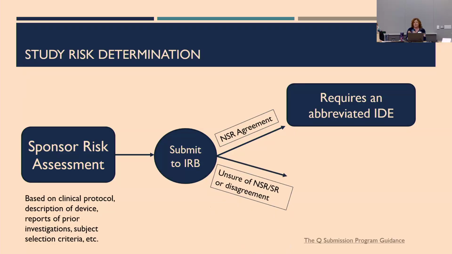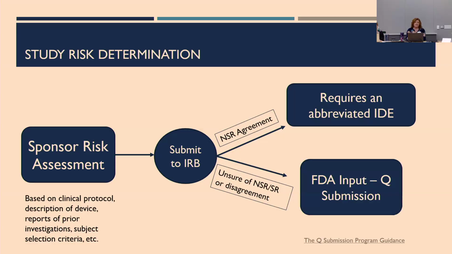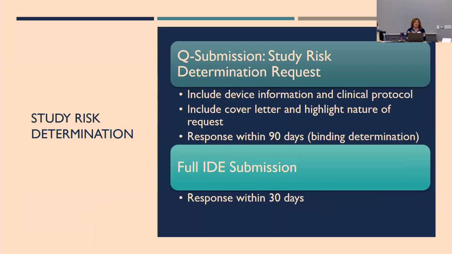However, if the IRB isn't quite as convinced or there's some level of disagreement there, then the next best option is to go to the FDA and get their input. This is a little bit different than drugs too. Obviously, we don't have the significant risk versus non-significant risk determination with drugs, but FDA clearly has set out with the Q submission that they want to be contacted for this study risk determination if it's not clear to an IRB.